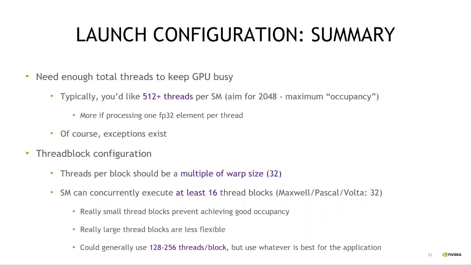What we'll observe later in analysis-driven optimization in a subsequent lesson is that there are various limiters to performance in the GPU. And although latency is a very common limiter to performance, it's not the only one, and it's not always the one that is the actual limiter for your code.